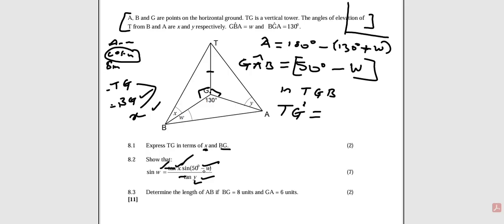We're only left with sine 50 degrees. We already have it here, which is this part, and W is also in this part.